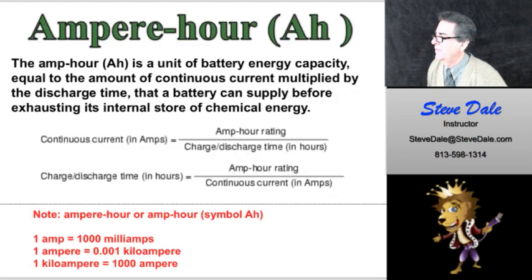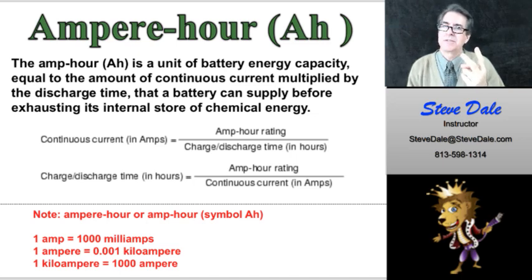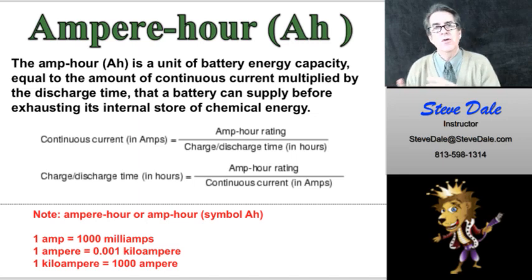Okay, let me try to make it simple for you. On a battery, you have a rating of voltage, and you have a rating of amps per hour, okay? Not amps, but amps per hour.